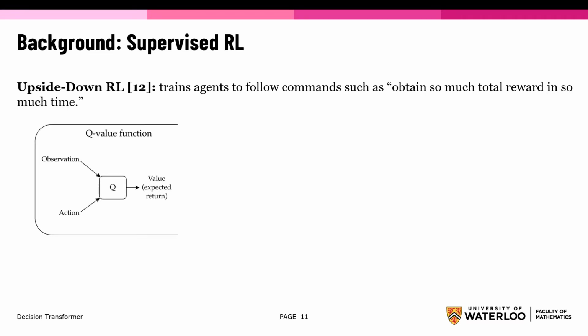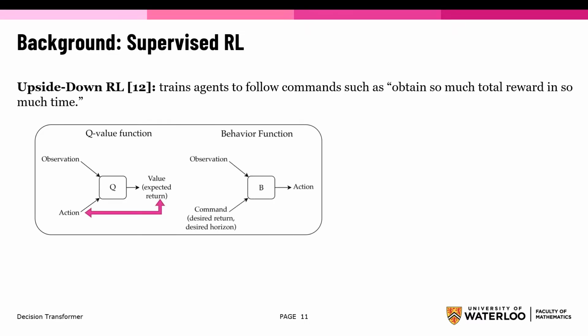Specifically, given the Q-value function, which takes the observation and action to return the expected return, we will change that in an upside-down way and generate something new, which is called the behavior function. This behavior function takes the observation and a command in the form of a desired return or a desired horizon, and the function will give us the action that should be done in order to get this desired return at the end.